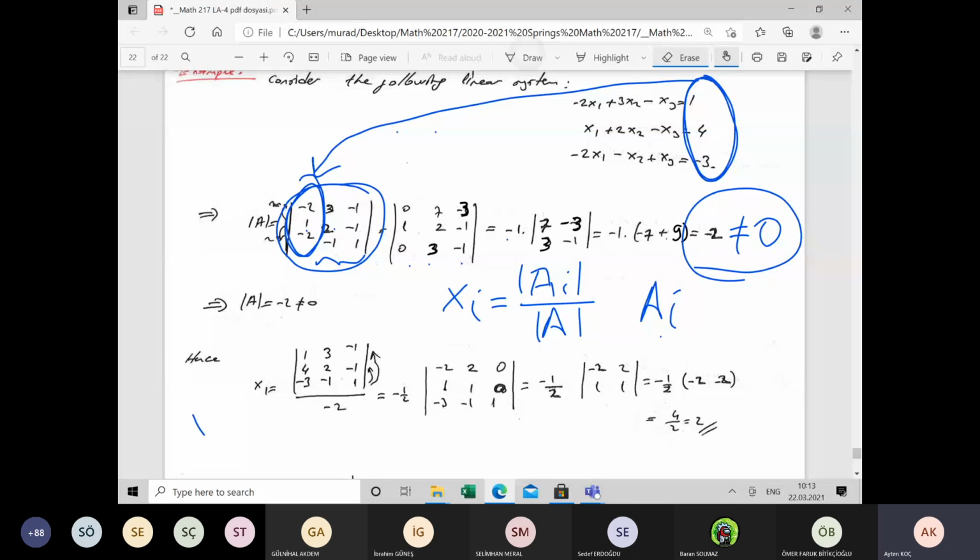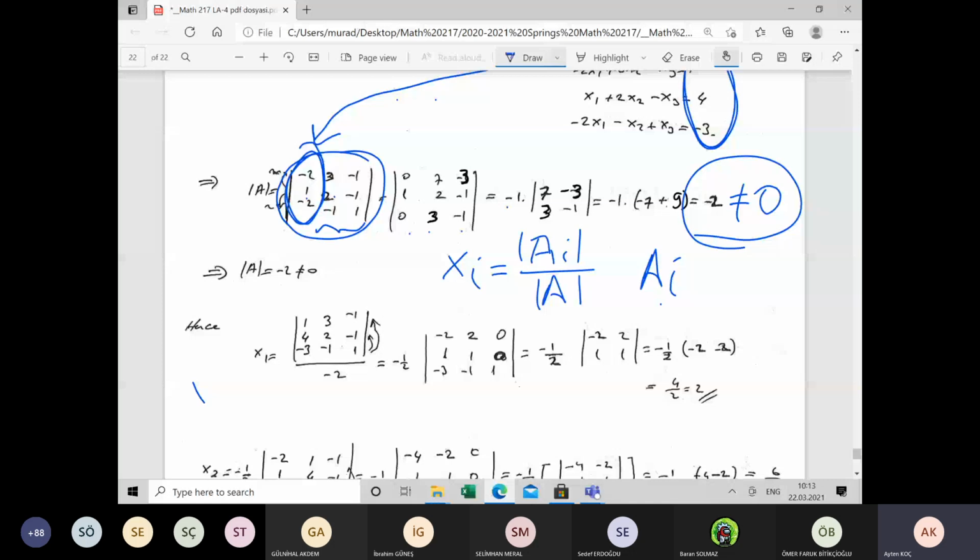So let's compute this determinant. How to compute? Our aim, for example, look at the last column. It will be easy to get 0, 0, 1 using this 1. Take the last row, multiply by 1, add to the first row, add to the second row.